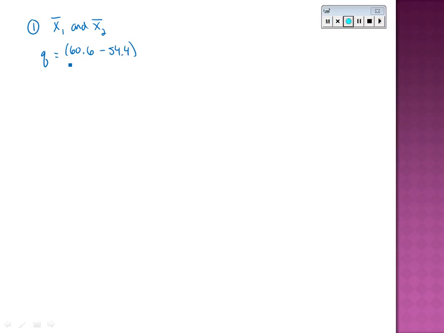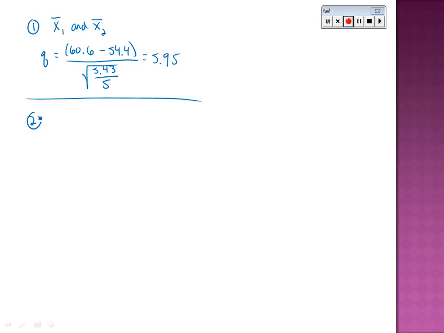Then we have to divide by the square root of our within group variance, which was 5.43, and then our sample size is our denominator. We do our computation and we end up with approximately 5.95.